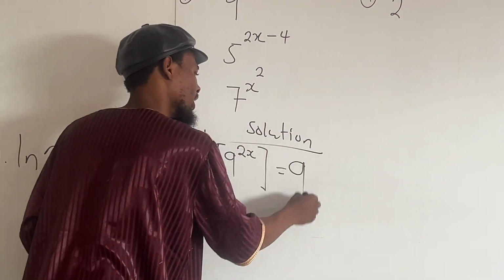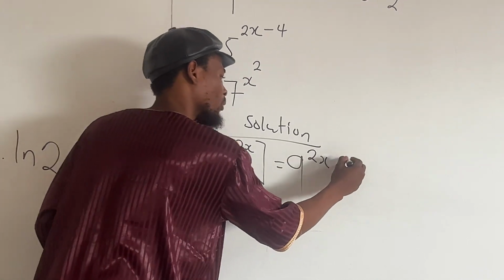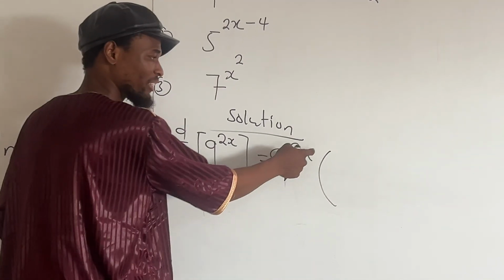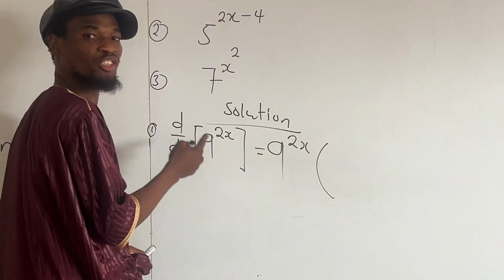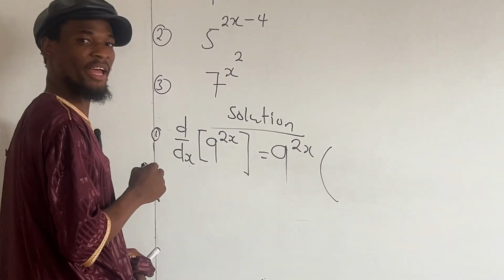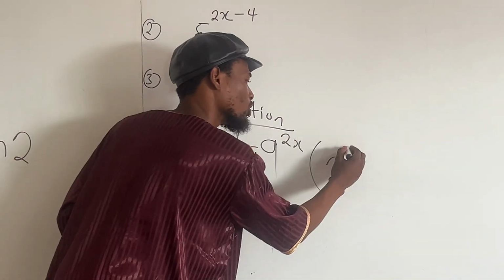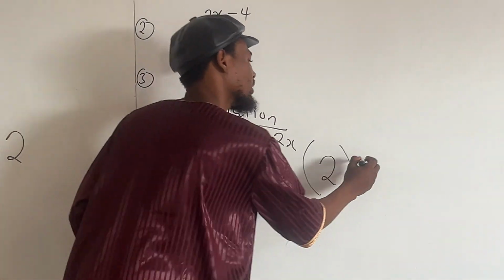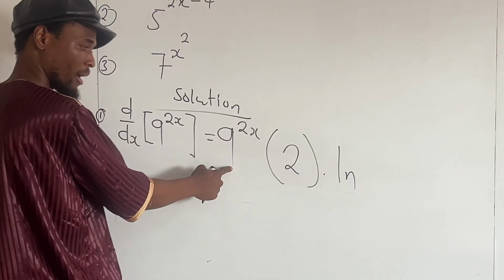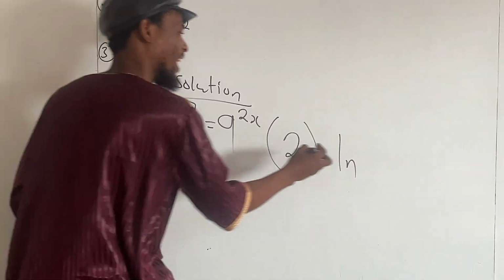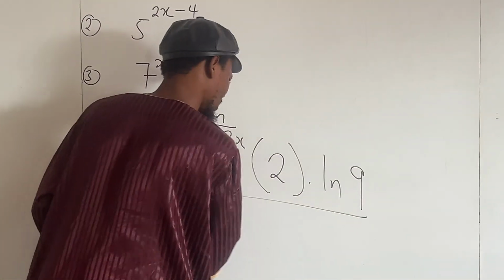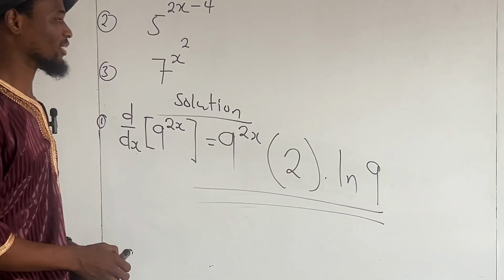So I have 9 to the power 2x, then times the differential of the exponent. If I differentiate 2x, I'll have 2, then times ln a, and my a here is 9. As simple as that.